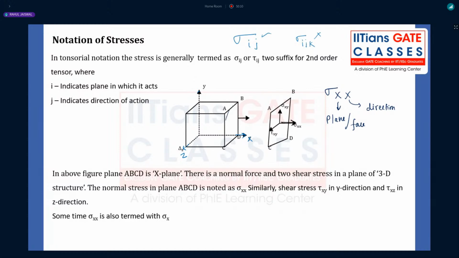This will be the X face. We also call this the X plane. On which basis are we defining it? What is the perpendicular axis passing through the ABCD plane: the Y axis, Z axis, or X axis?